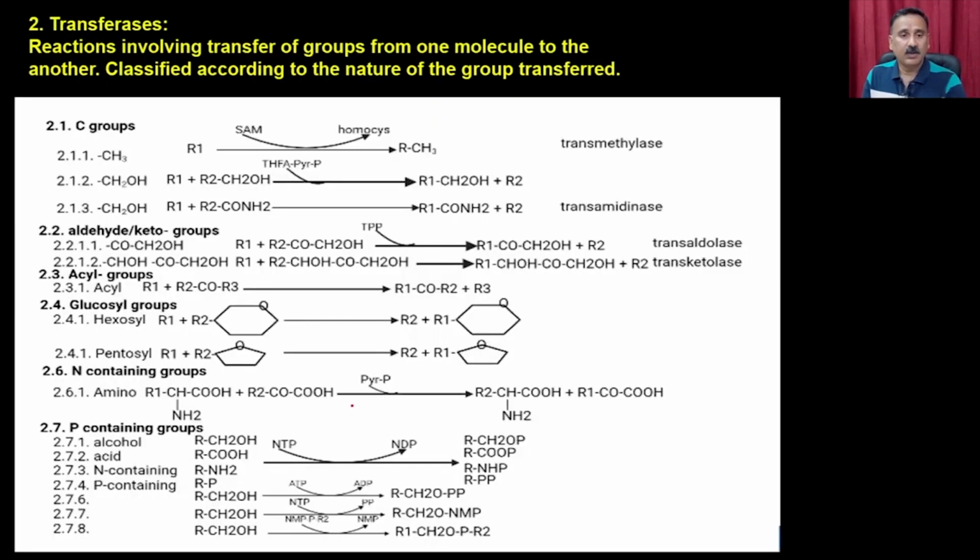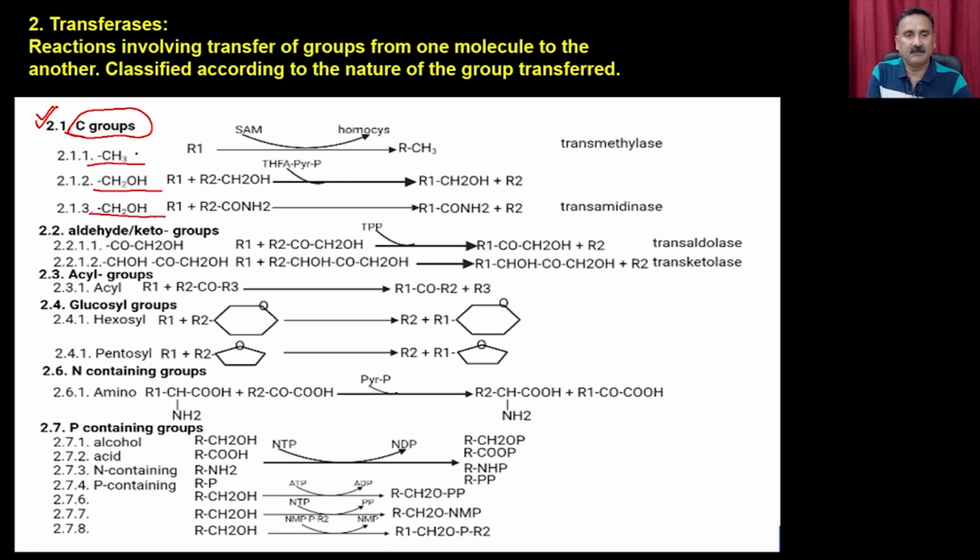The reaction they catalyze is also defined by the group; 2.1, for example, is working on the one-carbon group, right? So it can be methyltransferases or hydroxymethyltransferases and so on, and that's how they catalyze these kinds of reactions.